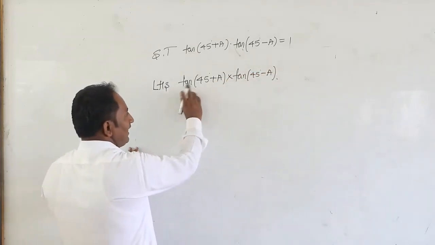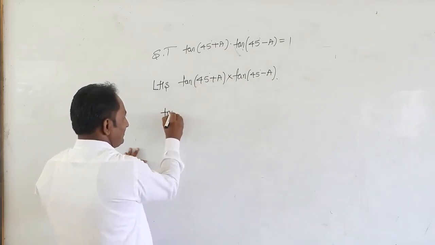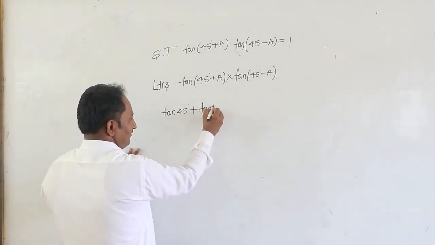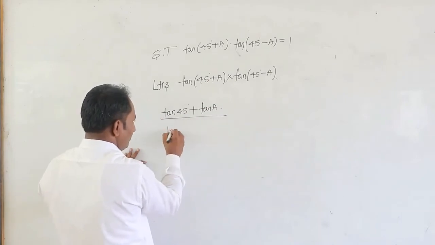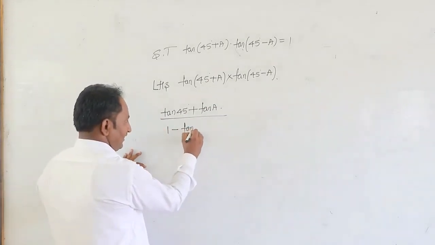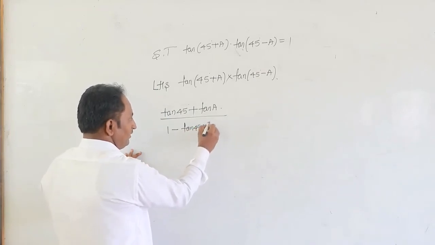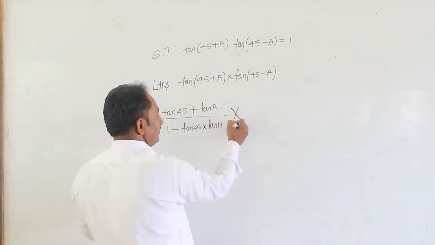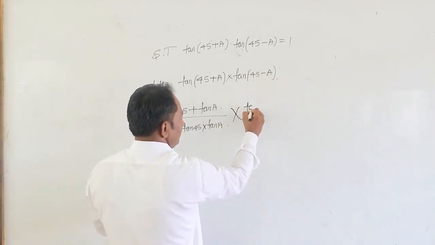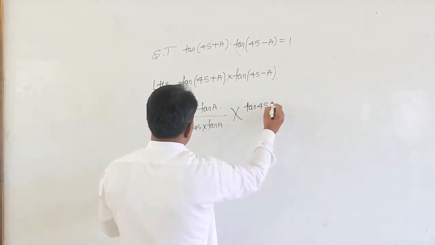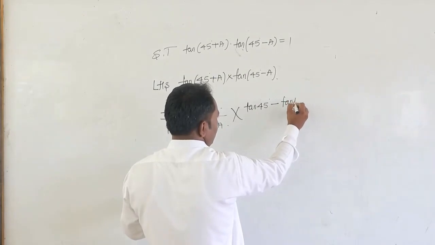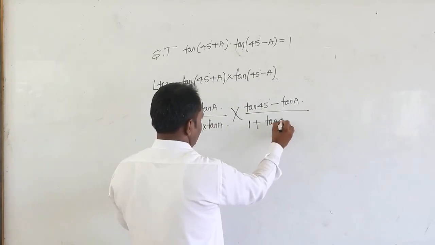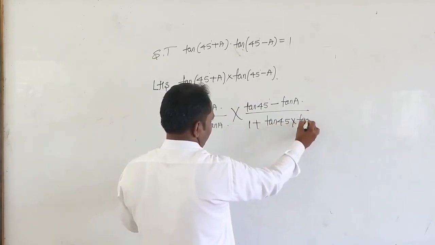We know the formula tan of A plus B. In place of A, 45 degree is there: 45 degree plus tan A divided by 1 minus tan 45 degree into tan B, B value is A. Into tan of A minus B form, that is tan 45 degree minus tan B, value B is A, that is 1 plus tan 45 degree into tan A value.